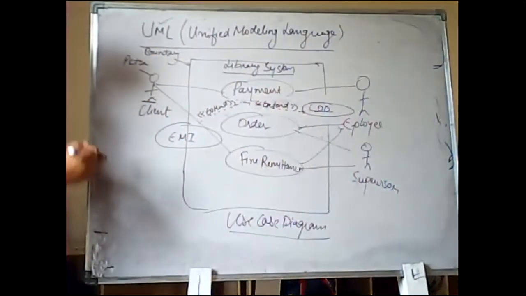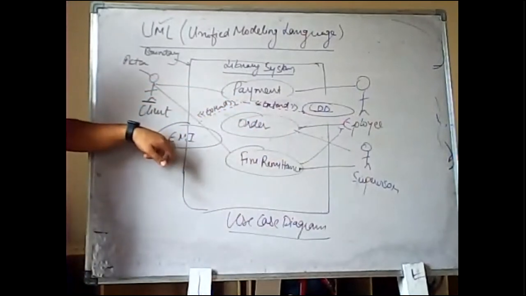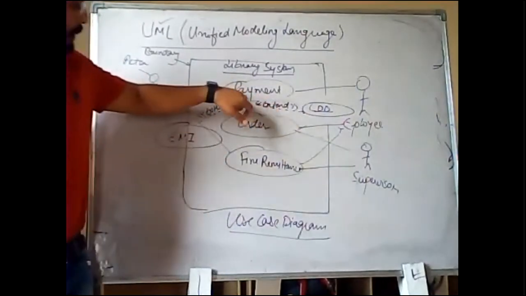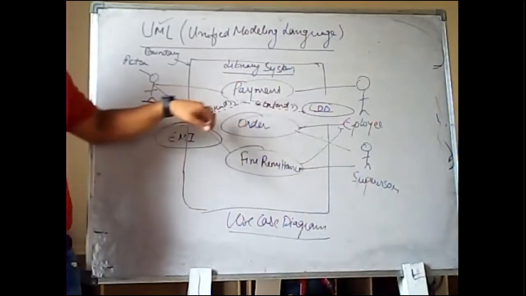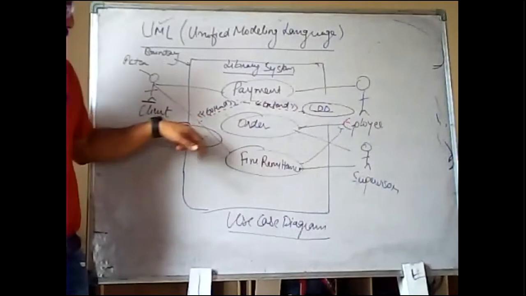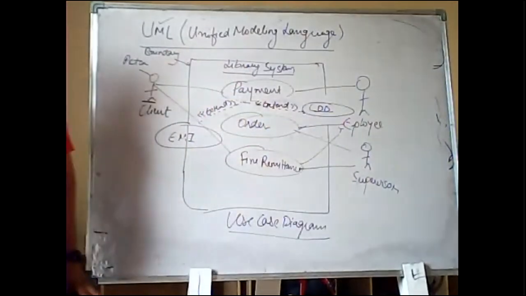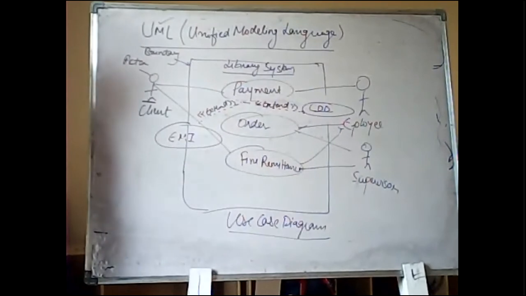Okay, those are the sub modules from a main module. And extend is used for these dotted lines with a label on them. That is your extend relationship.